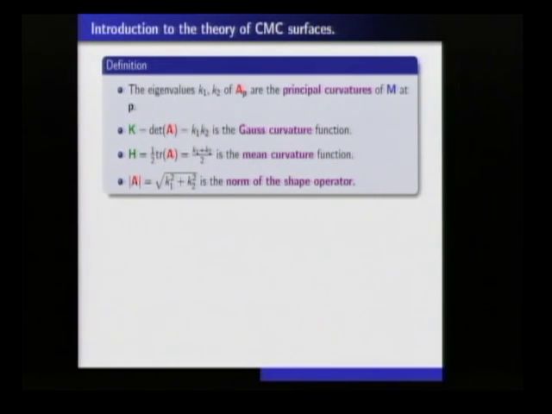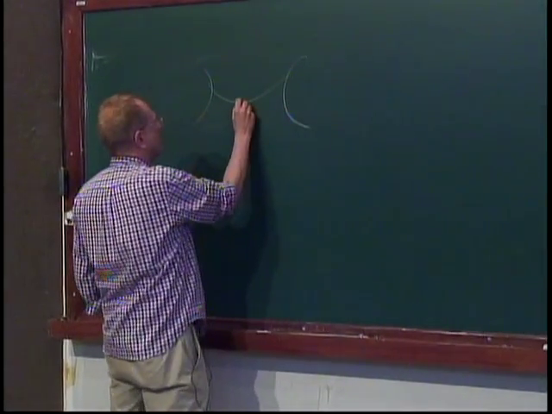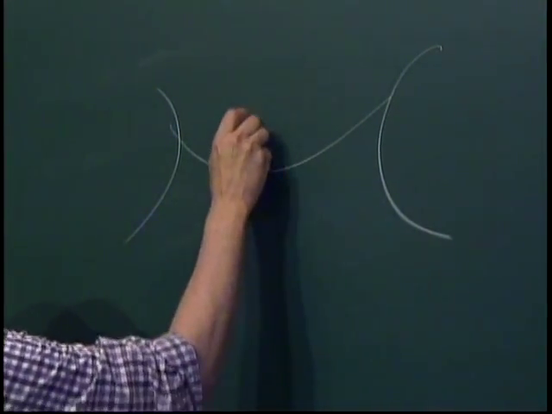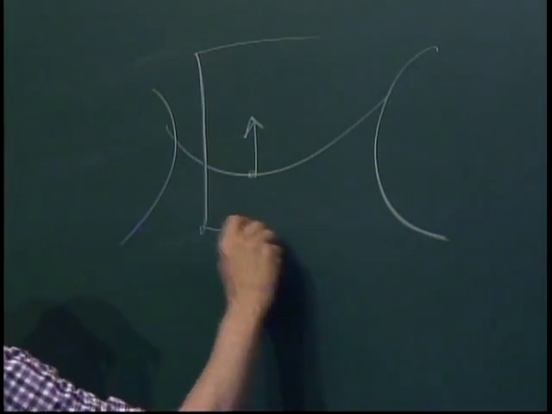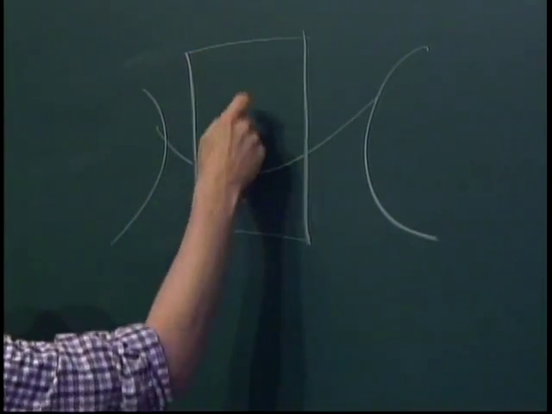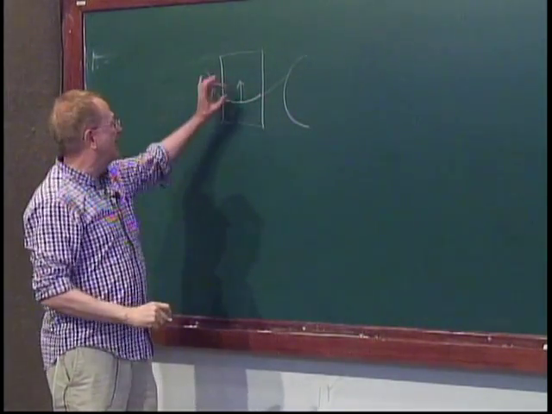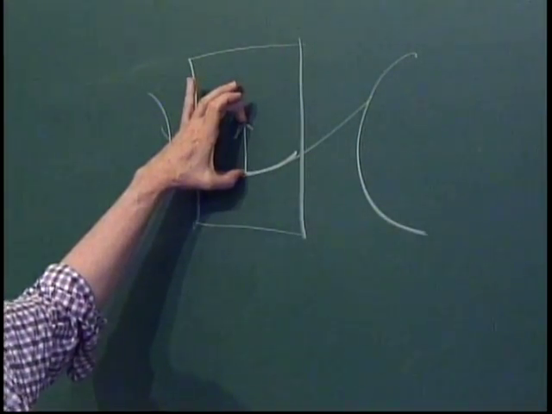So, for example, we have what are called the principal curvatures. We have our surface, and we're going to be talking about normal curvature in a second. You have the normal field, and if I take a vertical plane that contains the unit normal, I get a trace curve, and that has what's called a normal curvature.